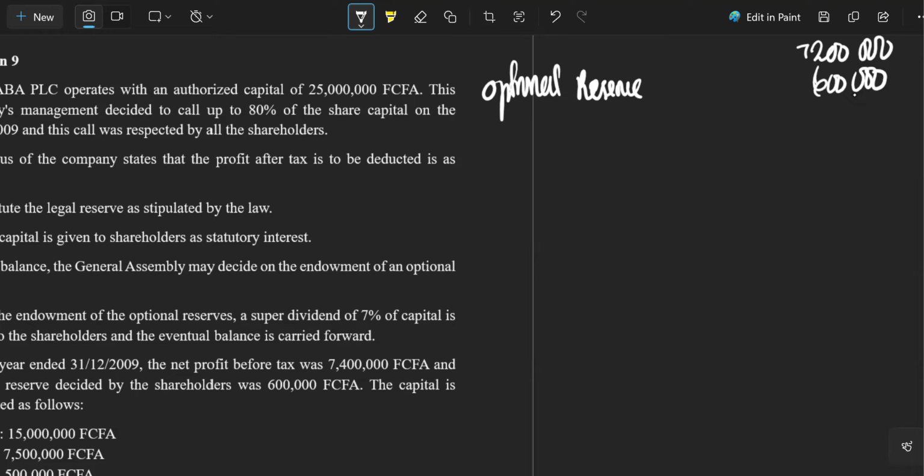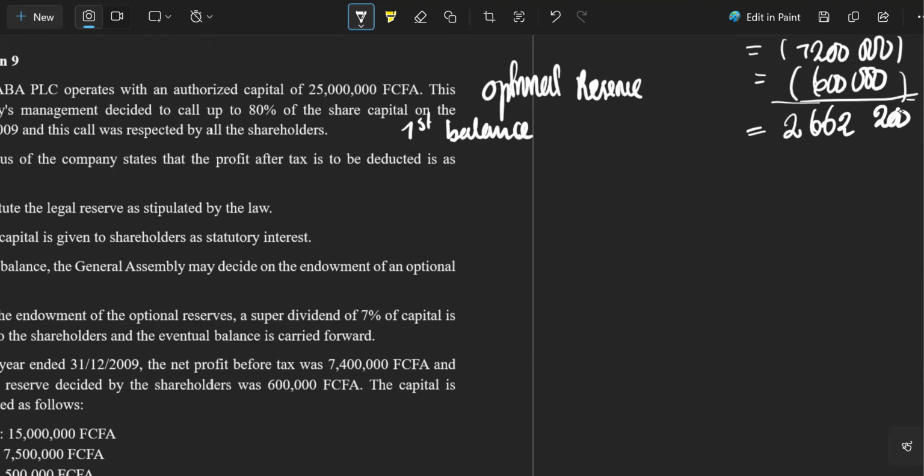Now let's calculate our first balance. We subtract from what we had above, which gives us 2,662,200 francs.